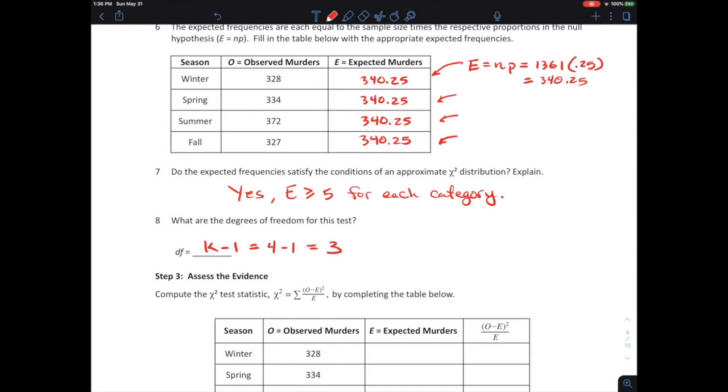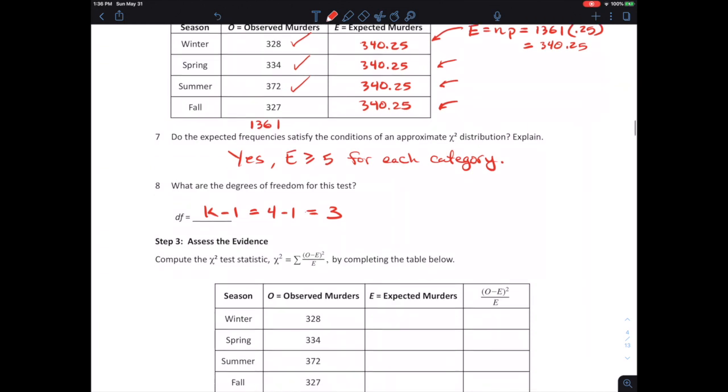Okay, just remembering again that we know that the sample is chosen up front. So you're starting with 1,361 as your sample size, and the first 3 values get to be random, but the last one's going to be a number that makes the total 1,361. So that's not really a random value. There's only 3 degrees of randomness or degrees of freedom here. Okay, any questions?